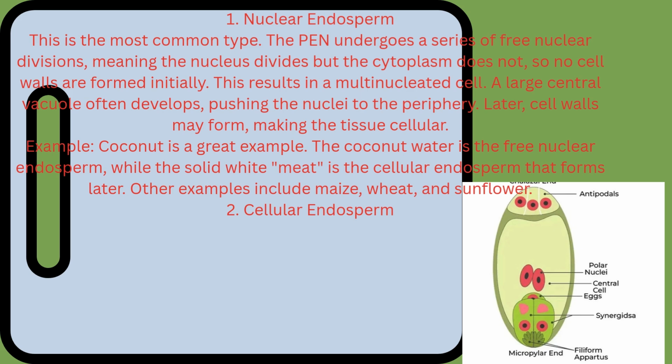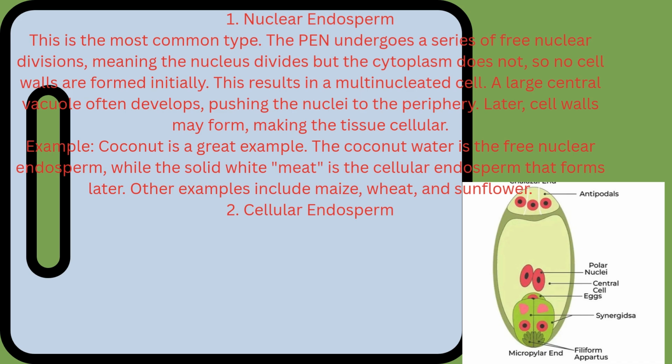So, no cell walls are formed initially. This results in a multinucleated cell. A large central vacuole often develops, pushing the nuclei to the periphery. Later, cell walls may form, making the tissue cellular.